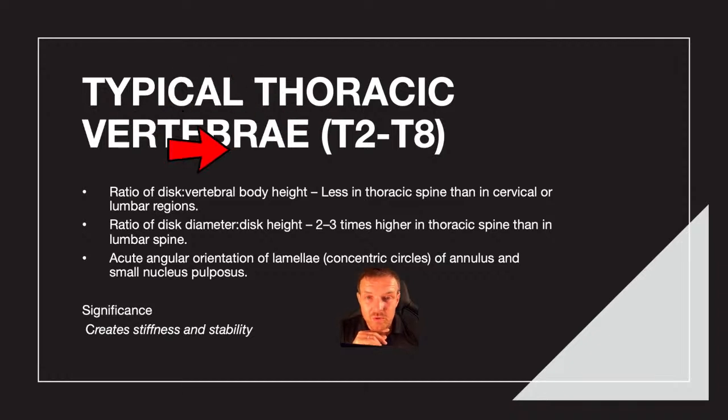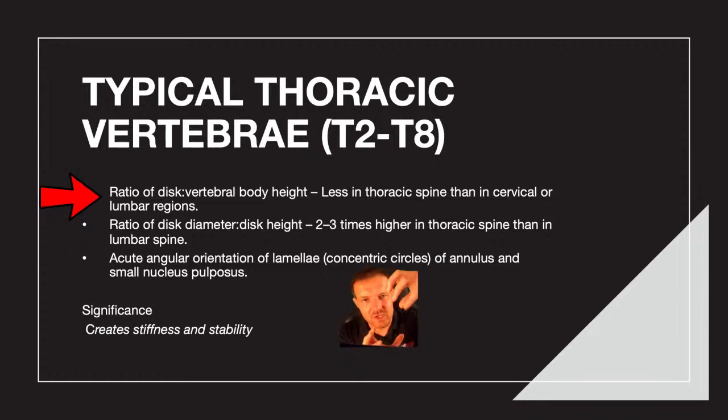So your typical thoracic vertebra, the ones that are usual, they have a ratio of disc to vertebral body height that is less in the thoracic spine than in the cervicals or the lumbars. So there isn't as much disc.